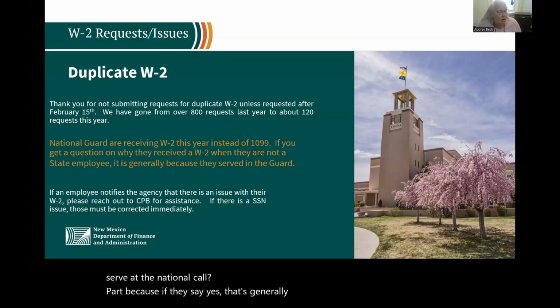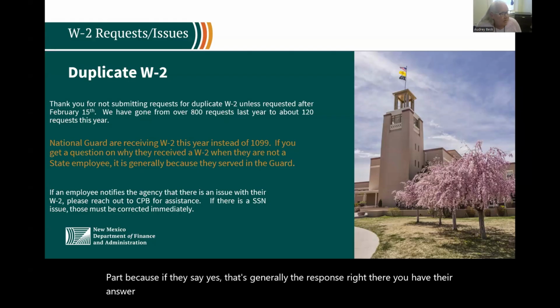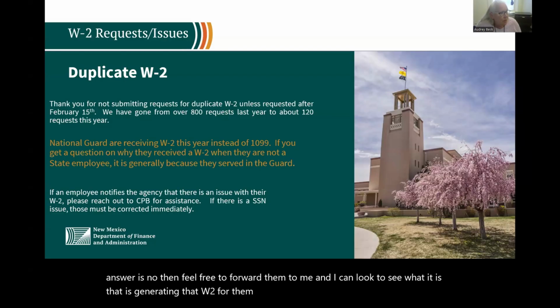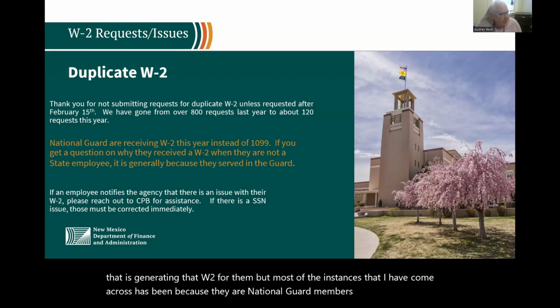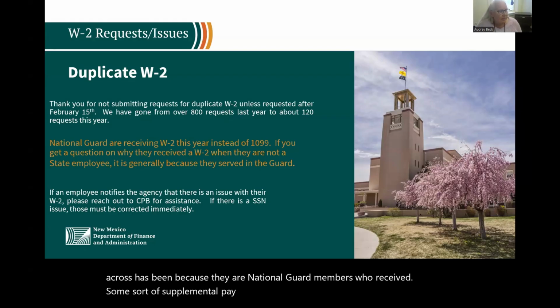If their answer is no, then feel free to forward them to me and I can look to see what it is that is generating that W-2 for them. But most of the instances that I have come across have been because they are National Guard members who received some sort of supplemental pay early in the year and don't remember it and don't know why they're getting that W-2.